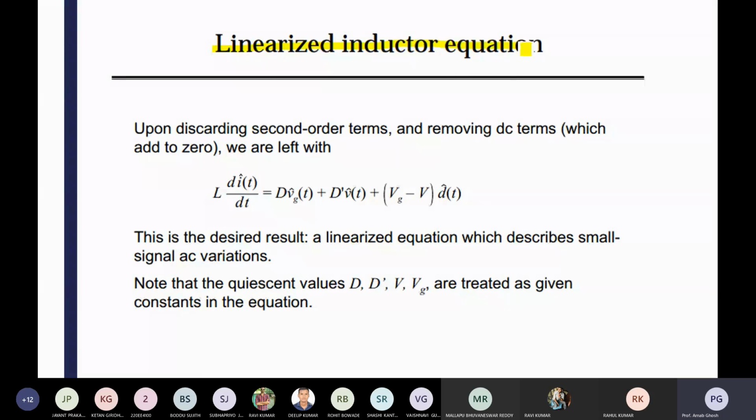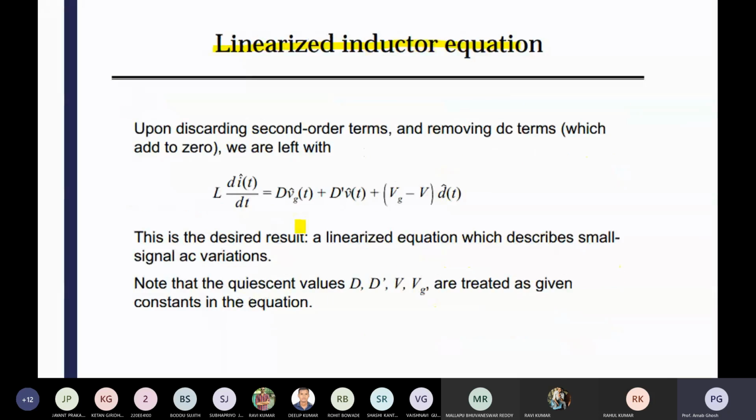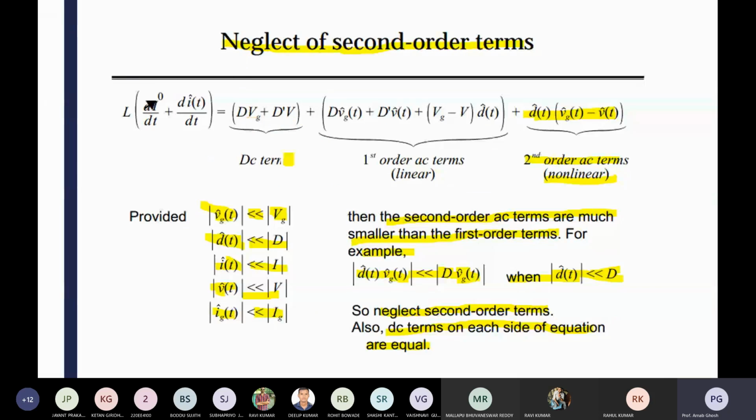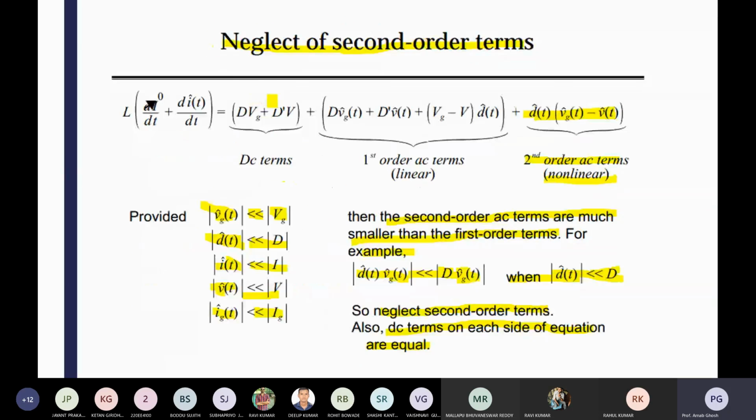We can omit this equation. Finally we will get the expression like that. Taking D as common, we get D as the first bracket. So what is that equation? If we take D as common, it is coming VG plus, within brackets, v cap t.